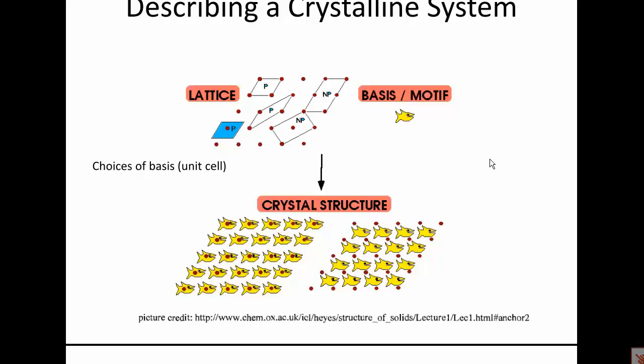If we place an orange at each lattice point, in the case of our previous example, we would then recreate the tray of oranges. Similarly, we must place something at each lattice point of the lattice that is being used to describe a crystal to generate the crystal structure. What is repeated at each lattice point is called a basis or a motif.